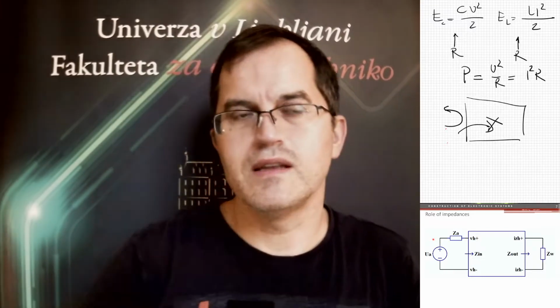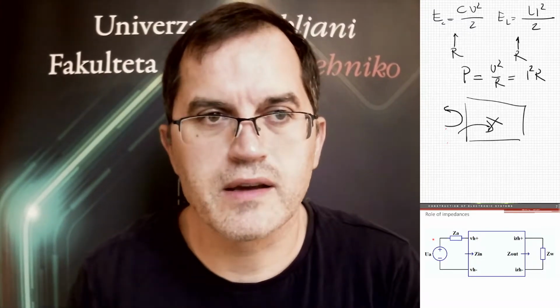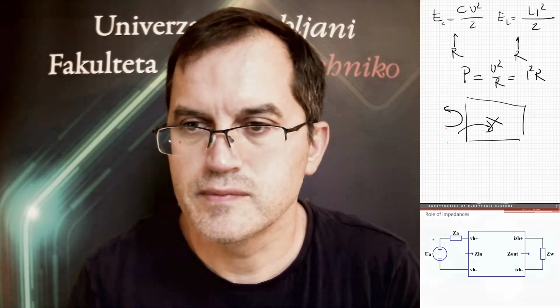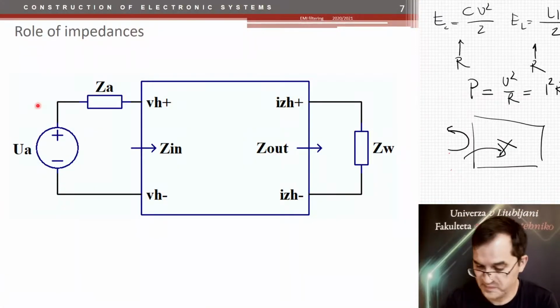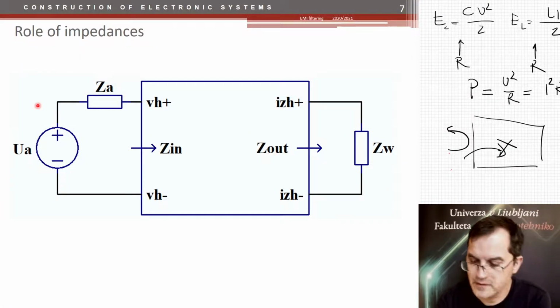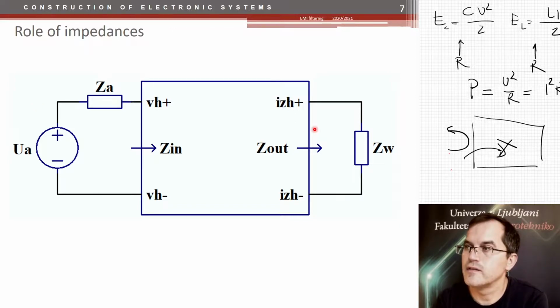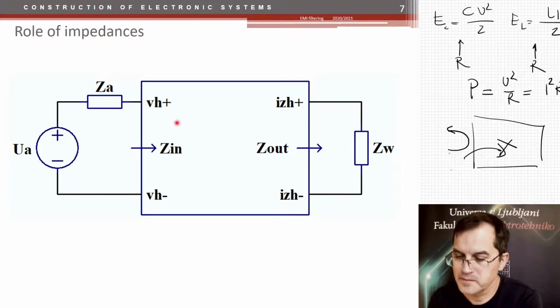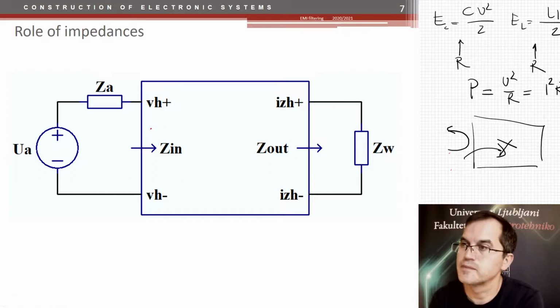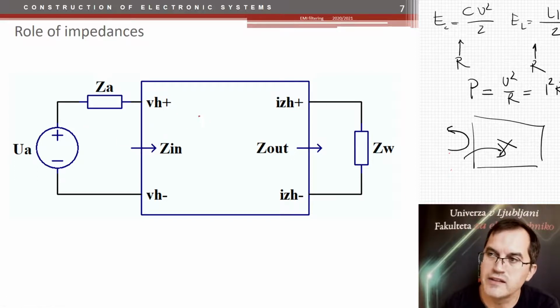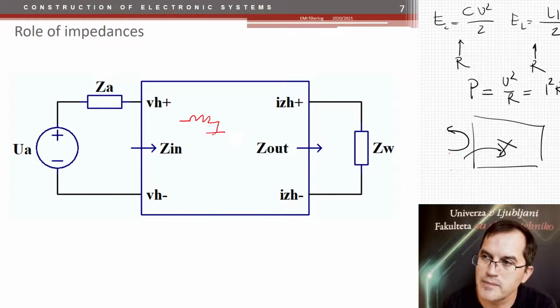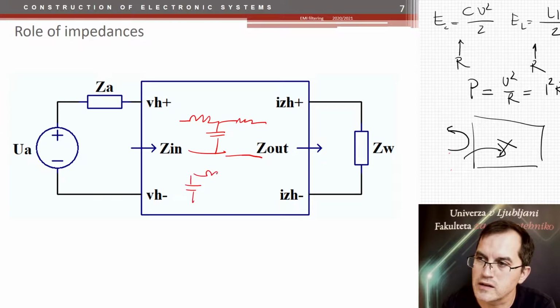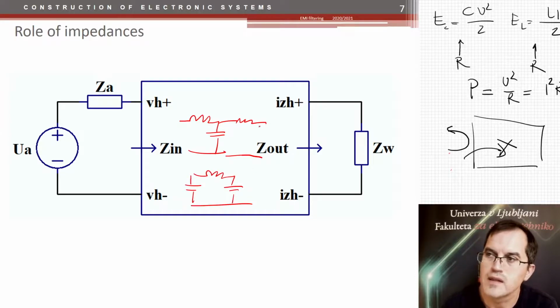So let me now go back to this story here. Now, if we have the filtering, like that, and we have ideal inductors and capacitors, whatever they are, in any form you want. It could be like that, it could be like that, it could be anything, but they are ideal.